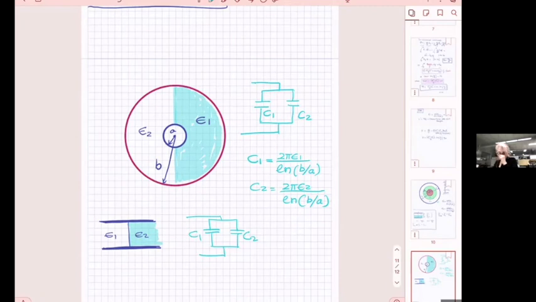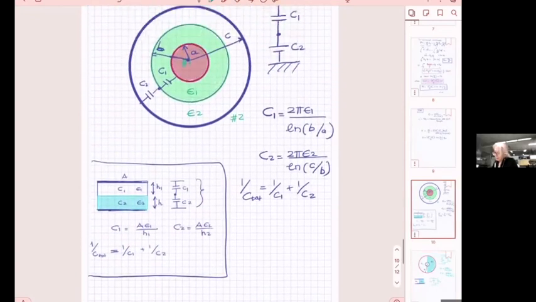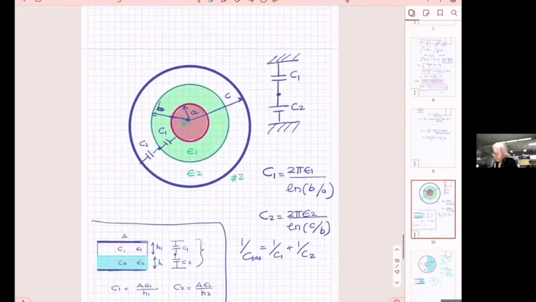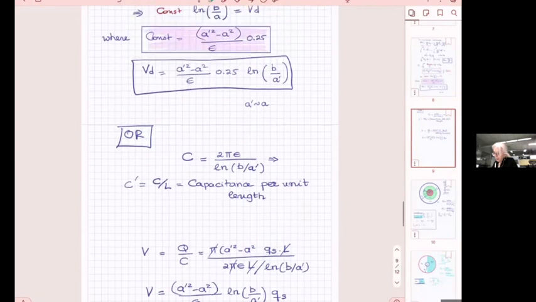Do you see how we think for this? Yes. Okay. Do you not have to do anything with the area though, since it's half of the capacitor? What area?